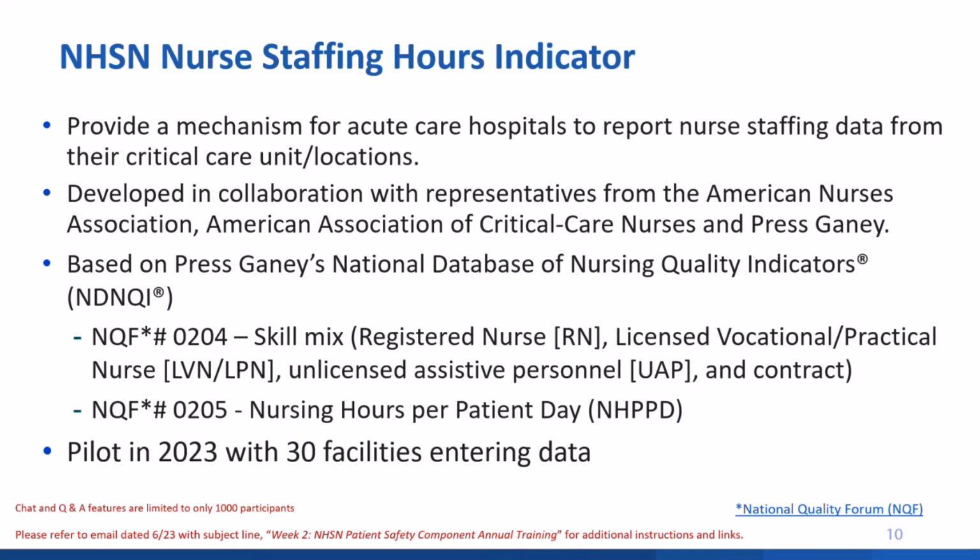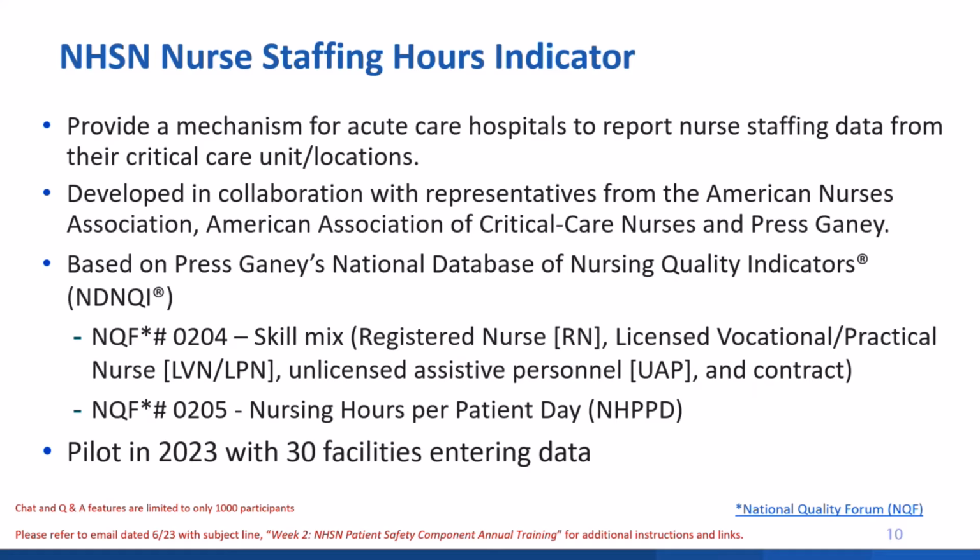So we developed this nurse staffing hour indicator in NHSN in collaboration with the American Nurses Association and representatives of the American Association of Critical-Care Nurses and Press Ganey, as we were aiming to provide a mechanism for acute care hospitals to report nurse staffing data from their critical care units. So for right now, it's limited to critical care units.